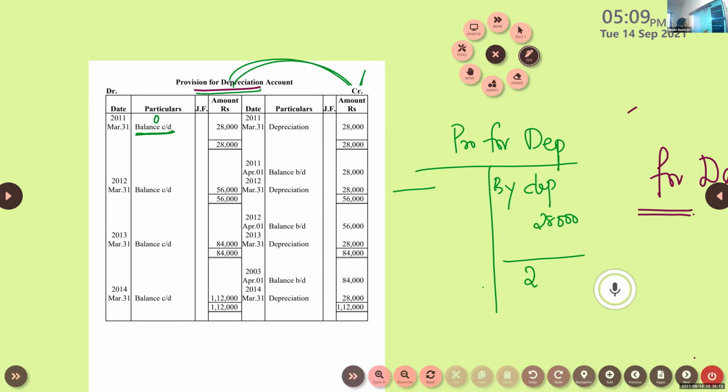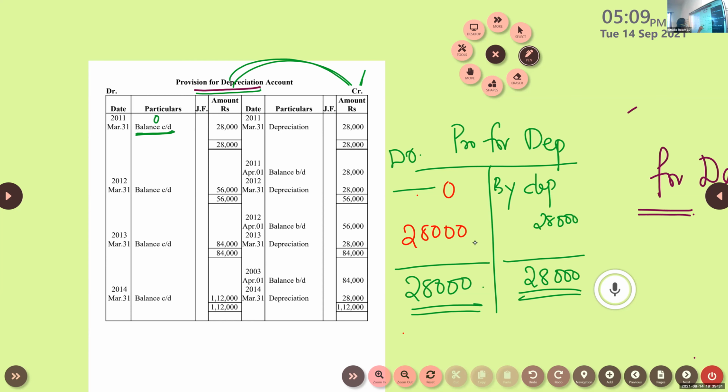So here you have 28,000 on the credit side, and here on the debit side nothing, 0. So 0 minus 28,000 is the balancing figure. Balance carried down 28,000. Now this balancing figure, you bring it here, next year. Transfer it to the next year.